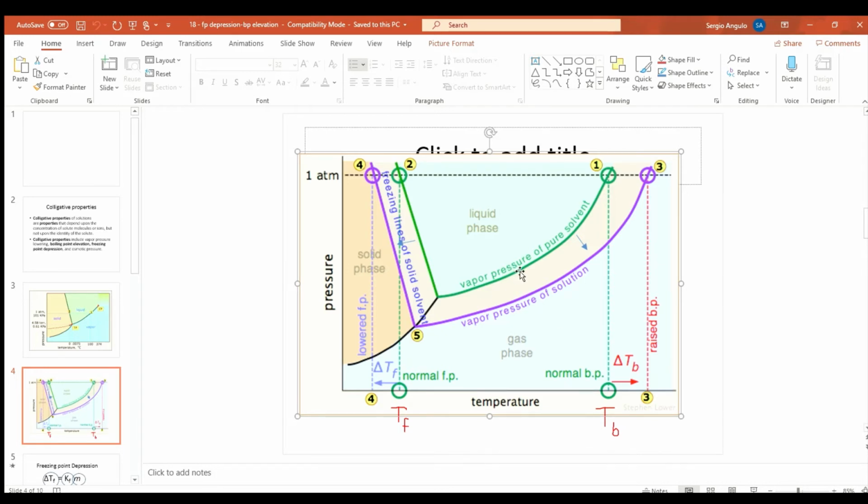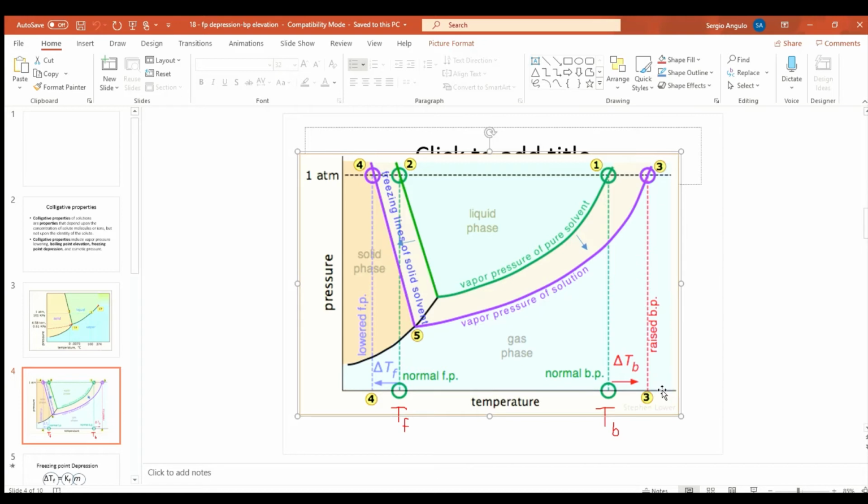But as our line moves to the right, now it's the purple line that is the line for the solution once we've added solute to solvent. And so we don't hit that line, once again, following the 1 atmosphere dotted line here. We don't hit that line till further to the right. And when we read down, we find a new boiling point. And that new boiling point, point 3 right here, is going to be further to the right. So we've actually raised our boiling point.